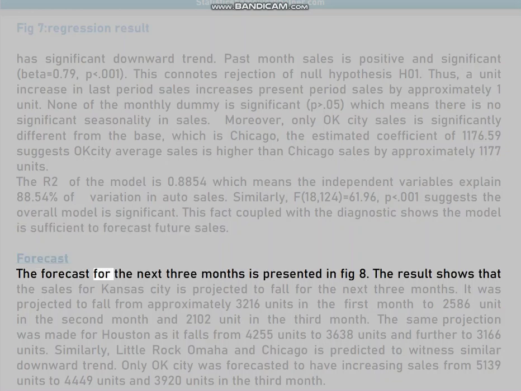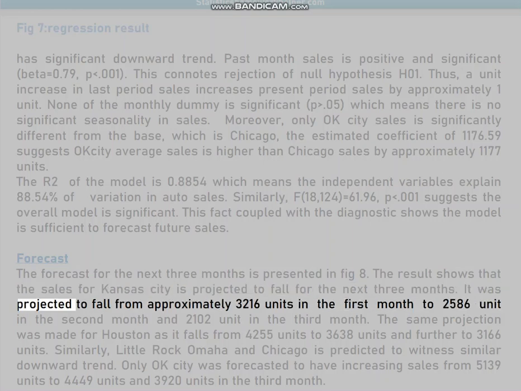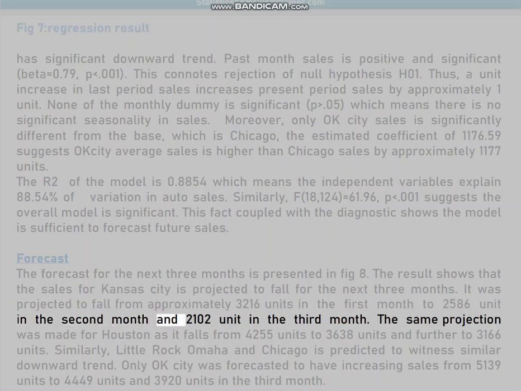The forecast for the next 3 months is presented in Fig 8. The result shows that the sales for Kansas City is projected to fall for the next 3 months. It was projected to fall from approximately 3,216 units in the first month to 2,586 units in the second month and 2,102 units in the third month.